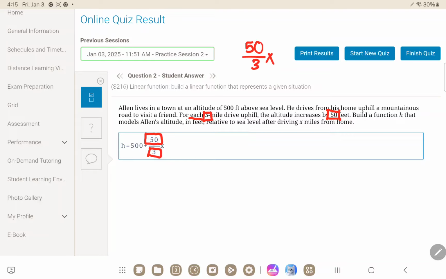So when it says for each 3 miles altitude increases by 50, you do 50 divided by 3, how many miles uphill you need to drive for each, the thing after "for each", and that's your 2 boxes. After it comes x. And this was given.